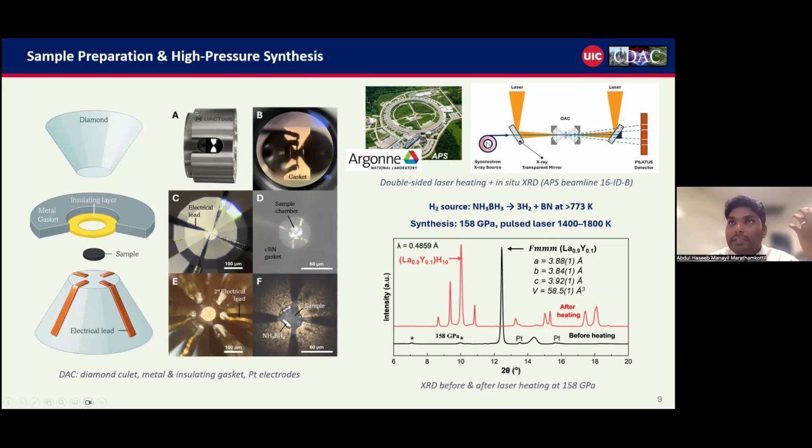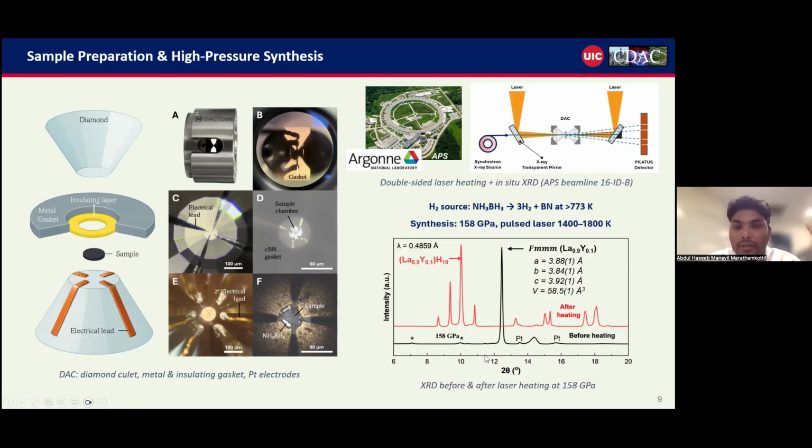The synchrotron X-ray beam is coming across through the DAC, and along with that, a laser also heats the sample from one side, or we can do both sides as well. We deliver around 300 millisecond pulses, reaching estimated temperatures between 200 and 1800 Kelvin at the metal ammonia borane interface. And here is what the XRD tells us before and after heating.